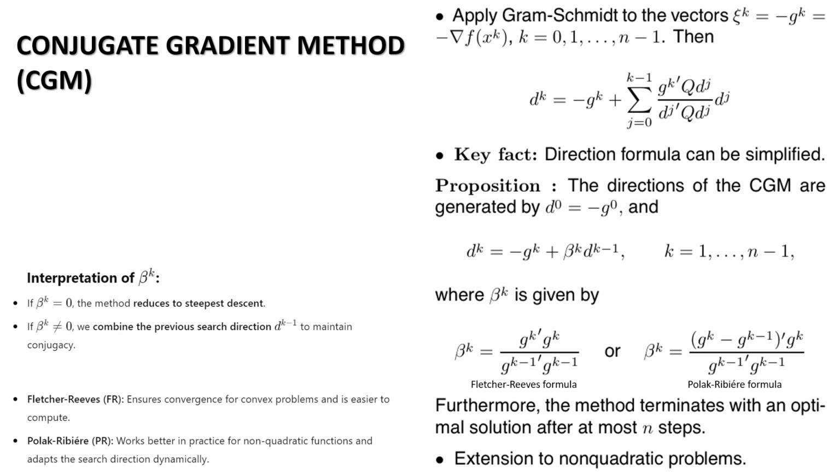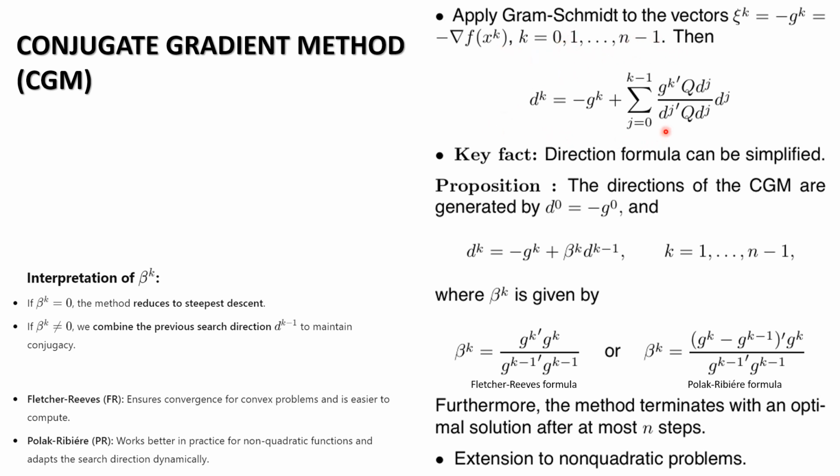Using the Gram-Schmidt procedure to generate conjugate directions, the search directions in this method are constructed by applying the Gram-Schmidt orthogonalization process to the negative gradient. I mean here xik is equal to the negative gradient of the cost function at iteration k, starting from 0 till n-1.